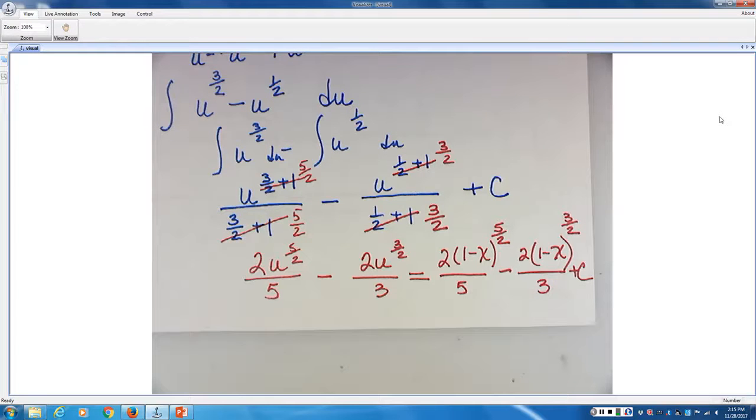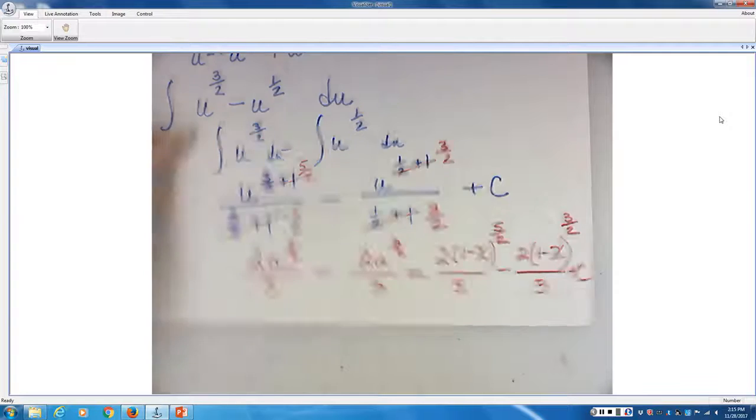So our last problem in this section is an application problem, and it's about demand.